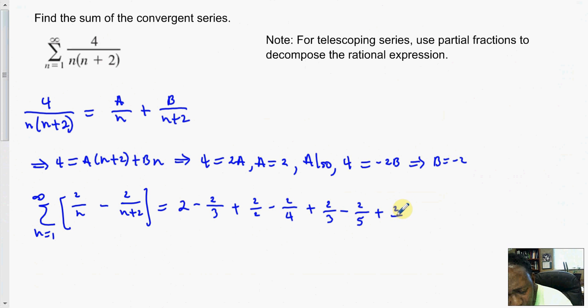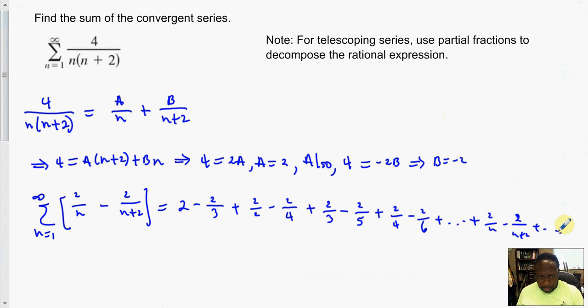Let's put one more in there. So this is 2 over 4 minus 2 over 6 plus, and so on, plus 2 over n minus 2 over n plus 2, and it keeps on traveling.